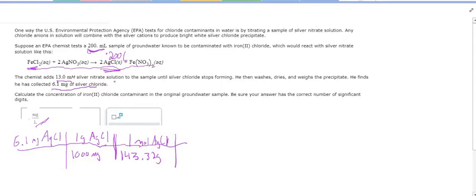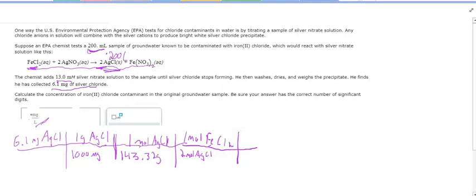Alright, so I have silver chloride, but I'm trying to get to iron chloride. So I know that there are 2 moles of silver chloride in 1 mole of iron 2 chloride. Alright, so I'm at moles of iron 2 chloride.